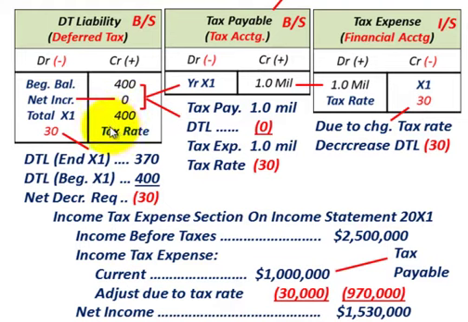All that happened is our tax rate changed for our temporary difference, the future taxable amount. The tax rate was reduced, so that reduced our deferred tax liability, in this case by $30,000. And by reducing our deferred tax liability, we also reduce our tax expense on our income statement, only due to the tax rate. No change in the temporary difference, just due to the tax rate.